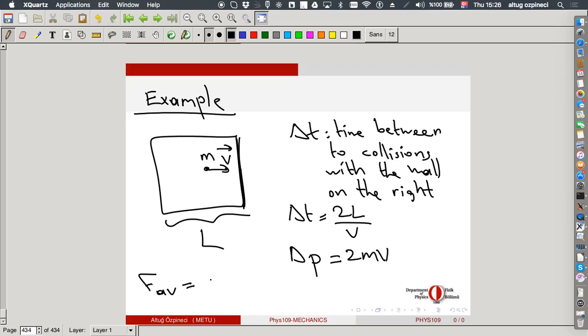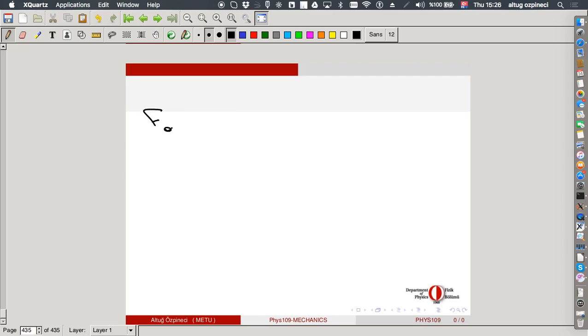Remember, the average force is delta P over delta T, which is 2mv divided by 2L over V, mv squared over L. Let's say of one of these point masses.